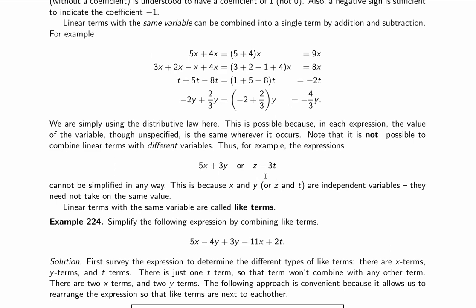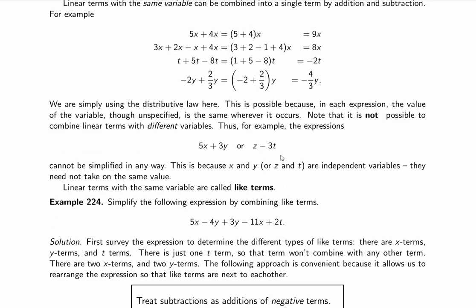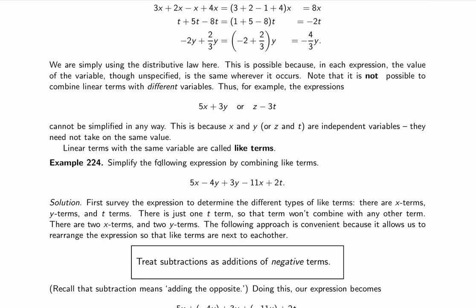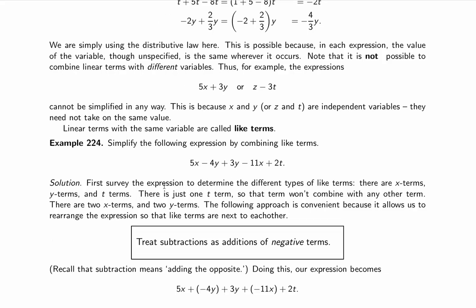And just emphasizing it doesn't work when you have different letters. These don't simplify. Linear terms that do have the same letters, the same variable, are called like terms. Okay, so it's the like terms that you can combine.